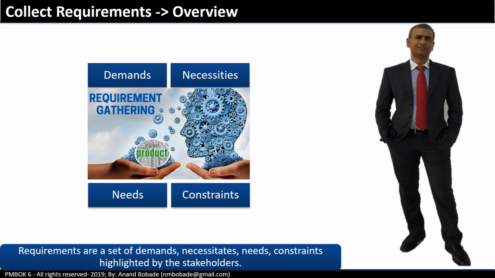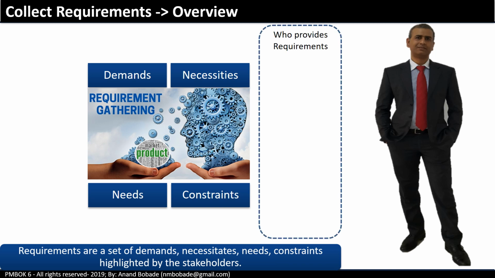Who provides the requirement? They can be specified in the project charter, business documents like a business case, or agreements, that is contracts with vendors or business partners, or from various stakeholders like sponsor. He will be able to provide critical strategic requirement.